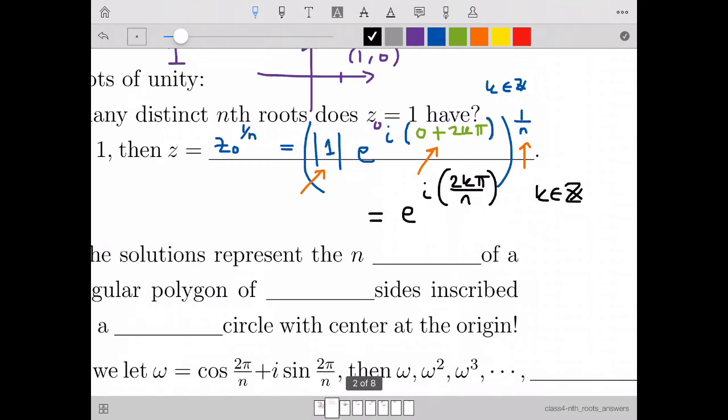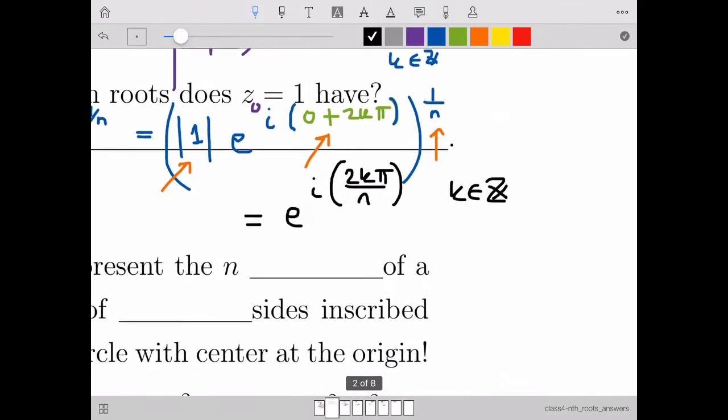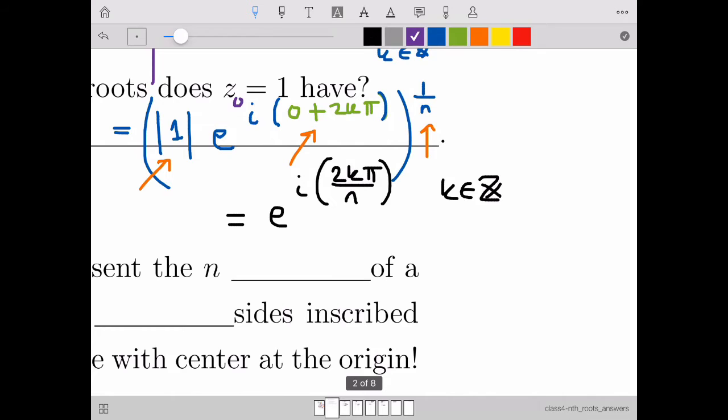But how many distinct roots do we get? Well, we get 1 when k is 0, and then k equals 1, k equals 2, up to k equal to n minus 1.